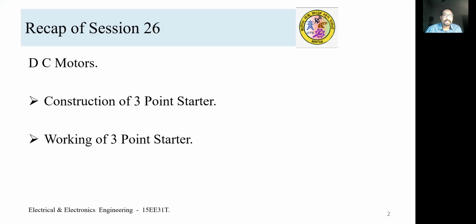We discussed the necessity of a starter for a DC motor, the different parts of a three-point starter, how the starter protects the DC motor against heavy starting inrush current, how the overload relay works, and how the no volt coil works. These are the things that we discussed in the previous session.